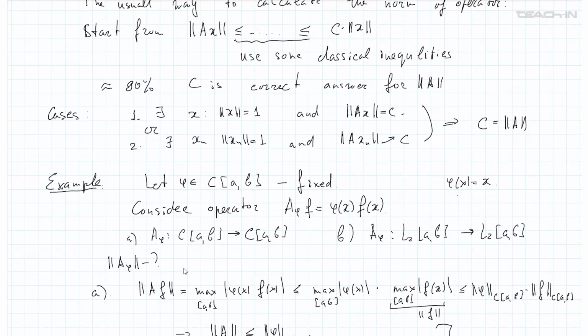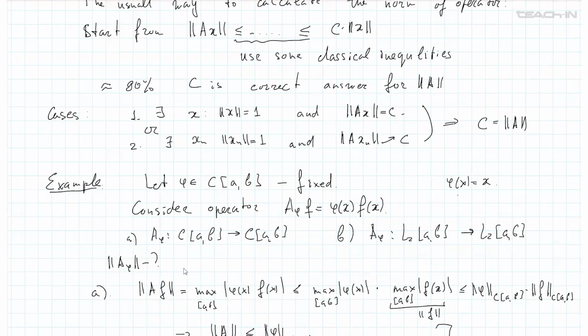First you obtain some estimate, and then if you want to prove that the capital C is the norm, you must check only one of two situations. You must guess what can happen with operator A. Is C a maximum, or is C just a supremum?